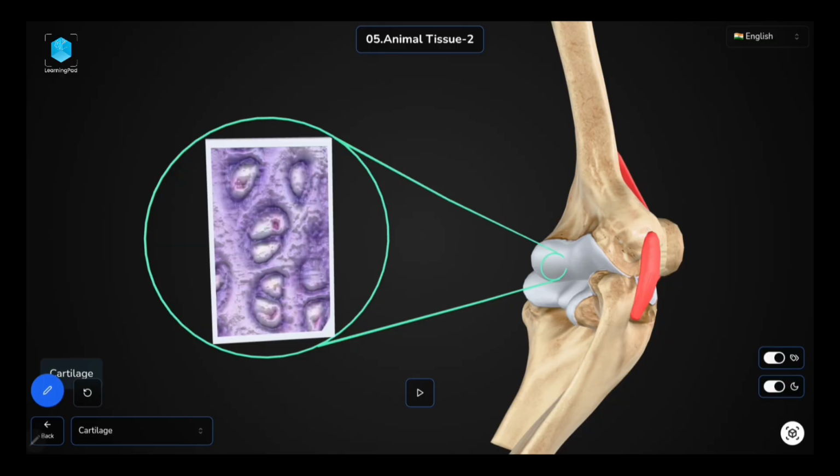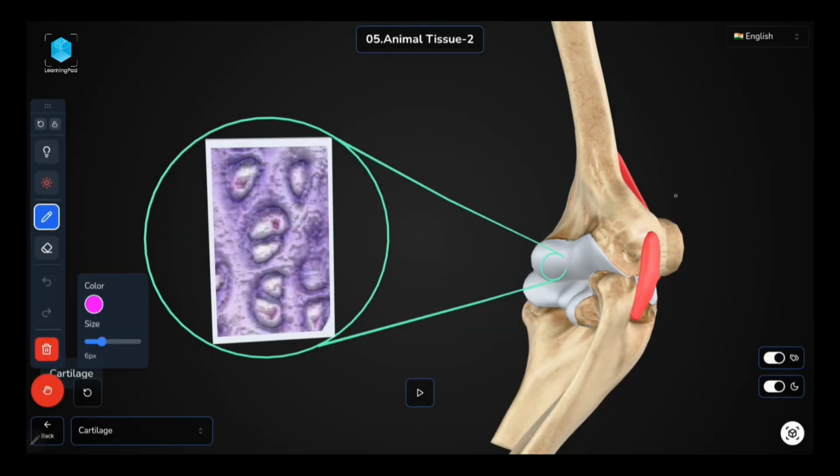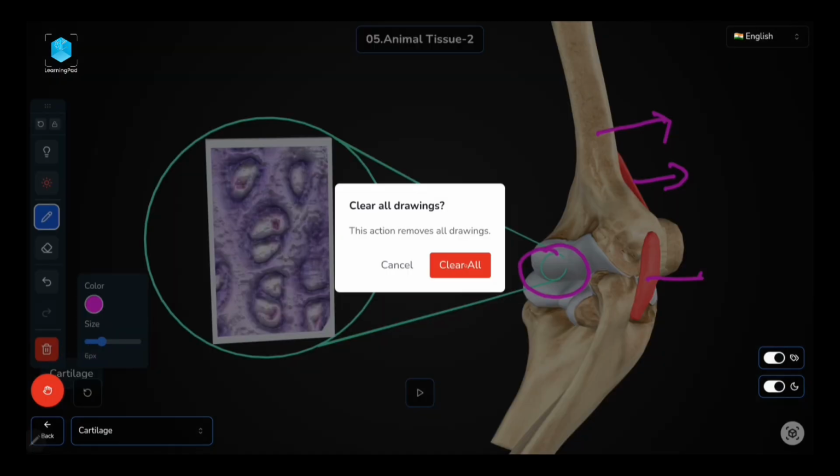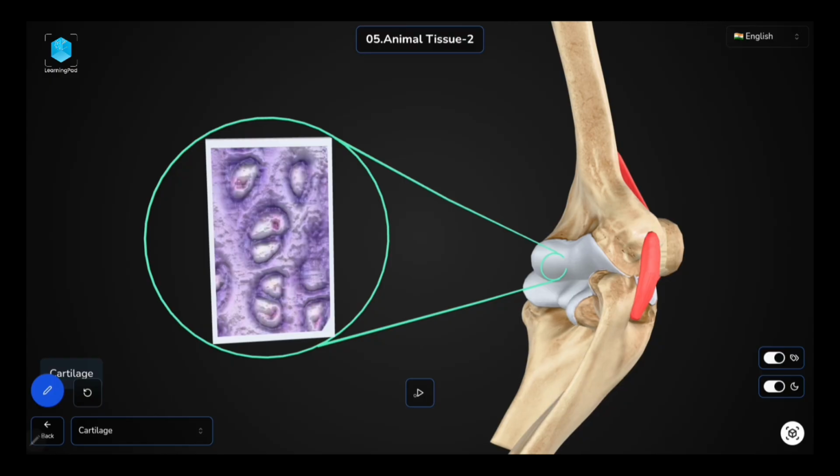Here this is the bone and this is the ligament, present at the joints of the bone, and here this is the cartilage. So this cartilage surfaces the joints and provides structure. Examples of cartilage are in the nose, ear and trachea.